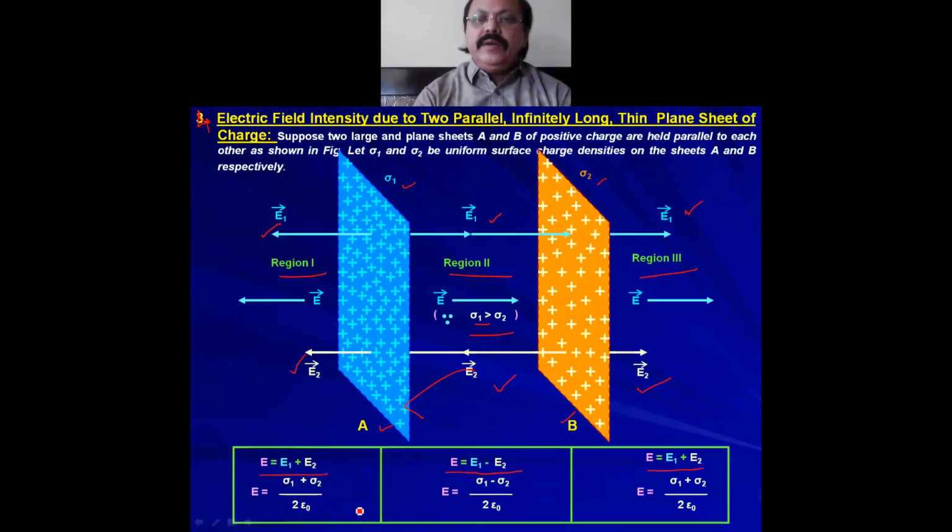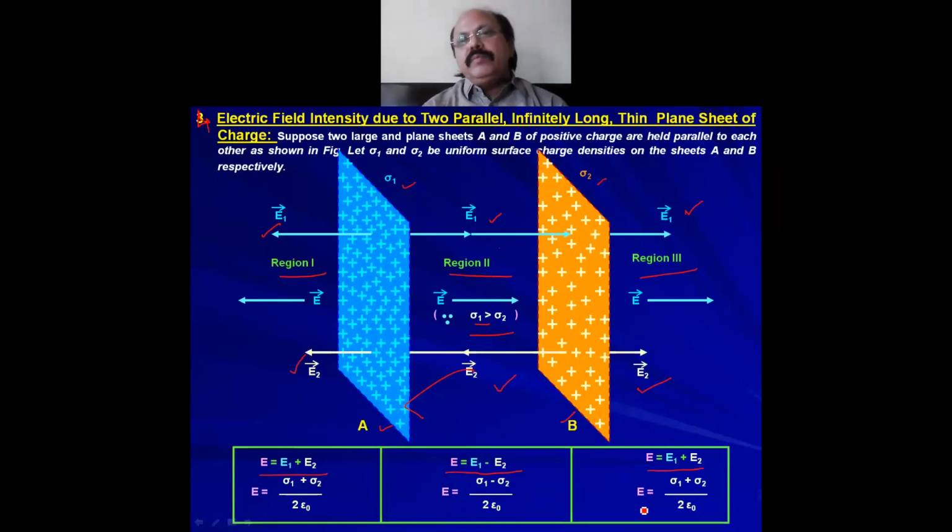In the second region, E equal to sigma 1 minus sigma 2 upon 2 epsilon naught. In the third region, E equal to sigma 1 plus sigma 2 upon 2 epsilon naught. So this is the case when you are taking two parallel infinitely long thin plane sheets of charges. Here we have taken the condition that sigma 1 is greater than sigma 2.